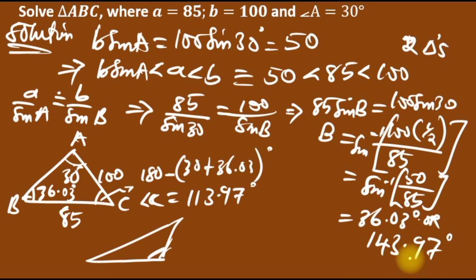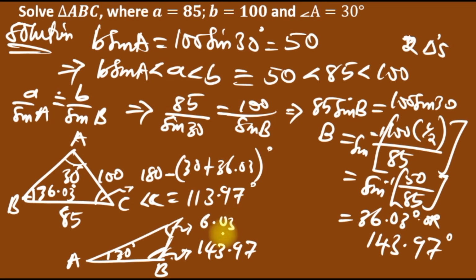Let's say here is angle A, 30, and angle B here is 143.97, and finally the remaining angle must be 6.03. That's 180 minus their sum.